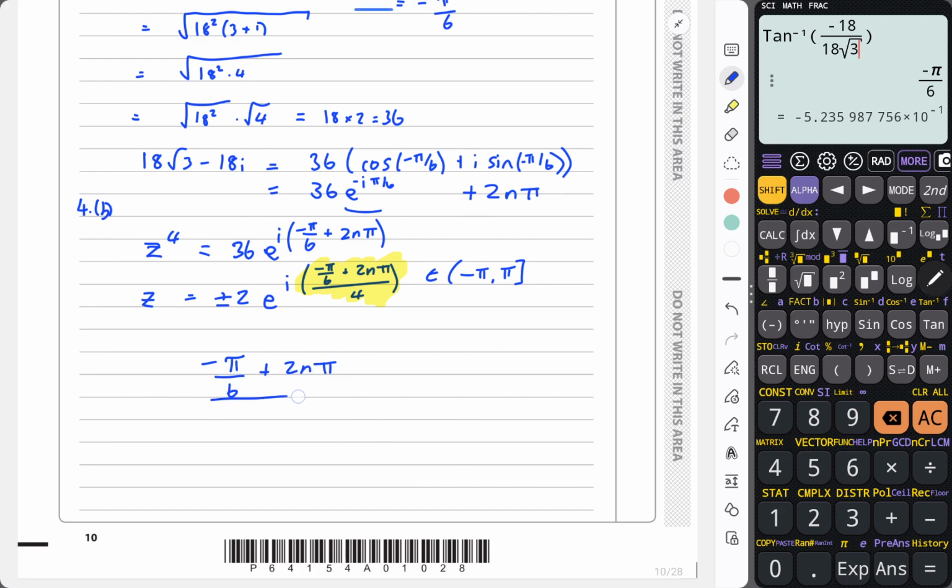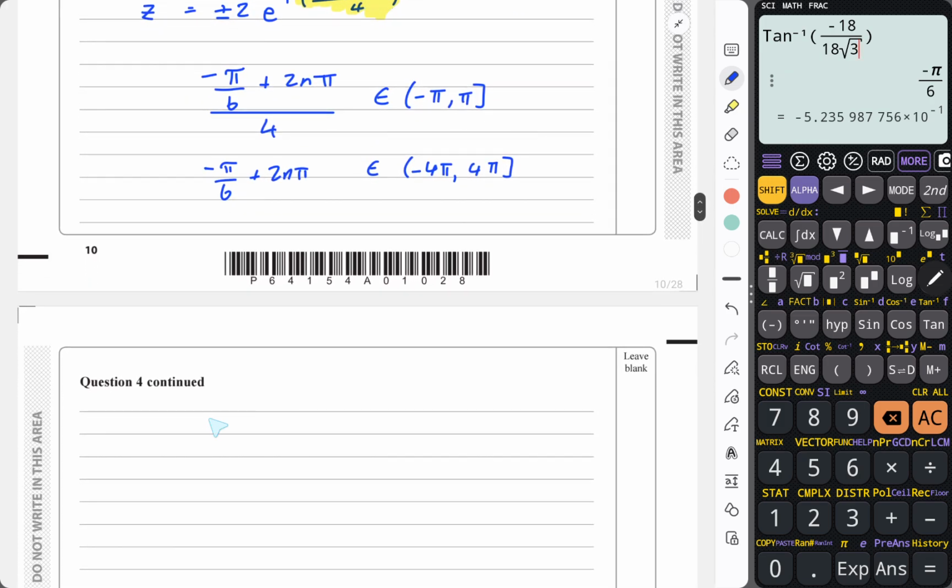So (minus pi over 6 plus 2n pi) over 4 has to be in the region between minus pi and plus pi. If I multiply that by 4, I'm going to get that this has to be in the region between minus 4 pi and positive 4 pi.